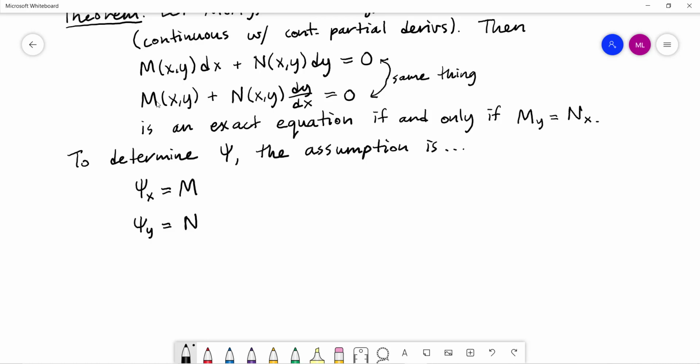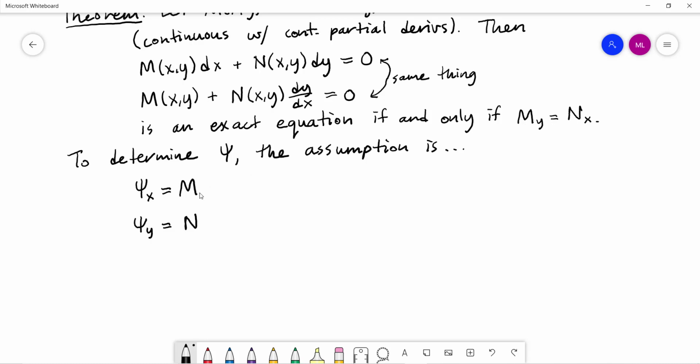So basically, the argument is that M is equal to psi sub x, that's exactly what we have written here, and N is equal to psi sub y, and that gives us something of the form of an implicit derivative that has been taken all the way. So this is the assumption that we've made. Notice the derivatives are different here.